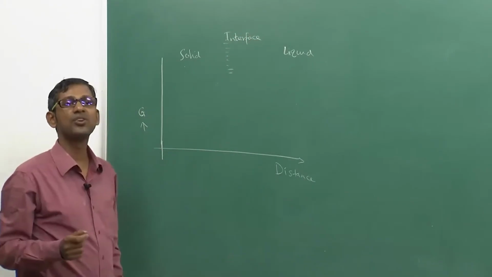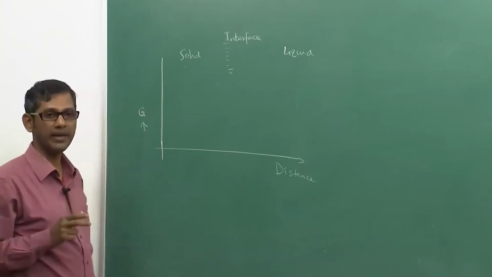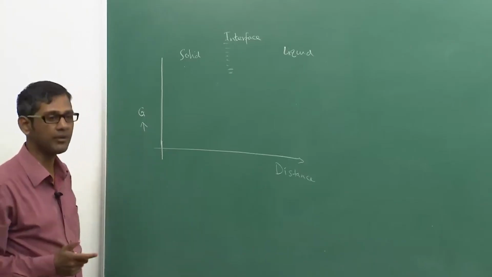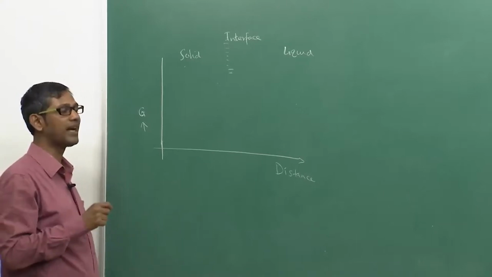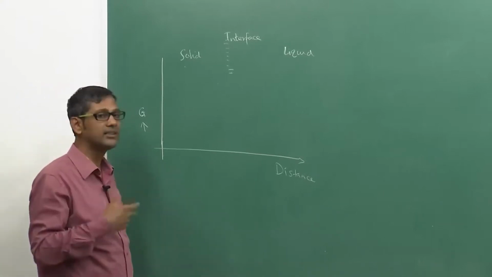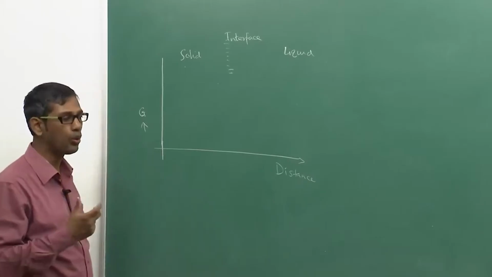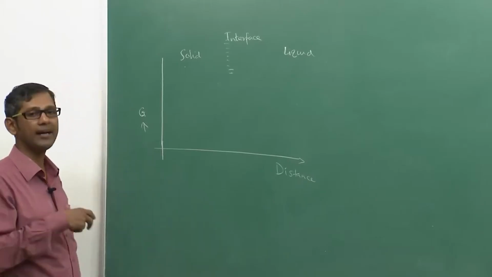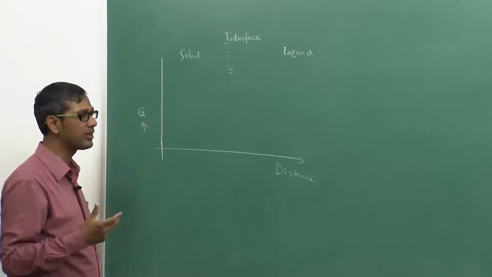Remember, atoms in the solid are in an ordered manner, therefore most of the bonds are satisfied. So the potential, meaning the energy, of the atom is low compared to the liquid. In the liquid, atoms move haphazardly, so bonds are not satisfied.